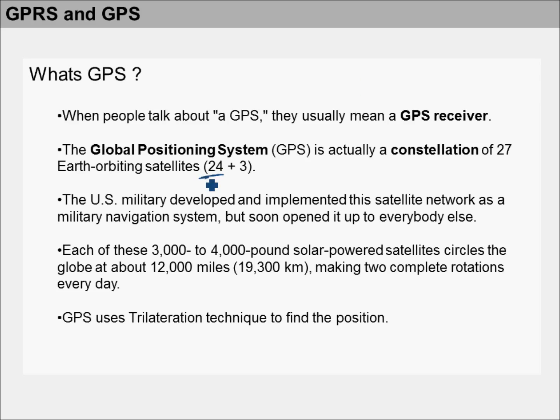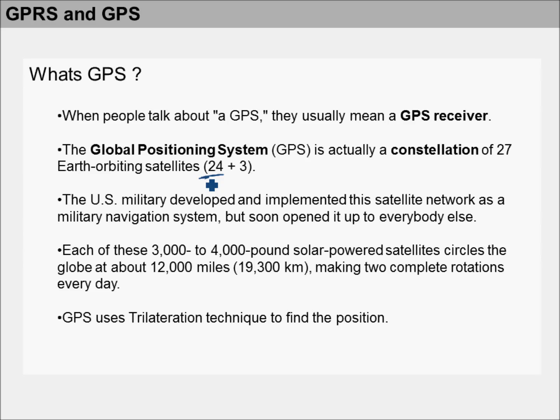GPS was basically developed by the US military, and it was used for their own military navigation system, so that if their army team is in various parts of the world, if they are deployed, they can navigate from one part to another when there is no map, no route, no navigation or mapping system, and the place is completely unknown.